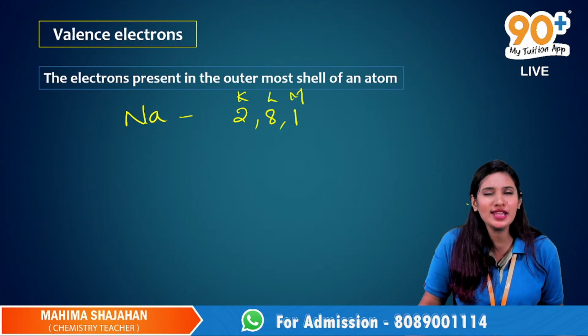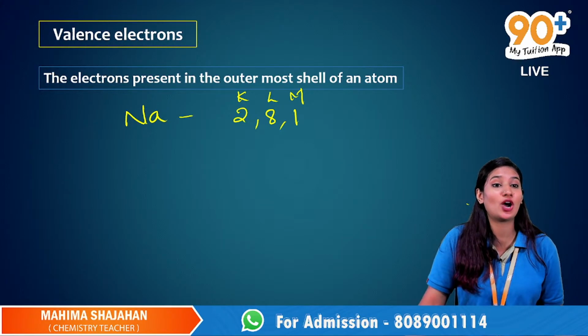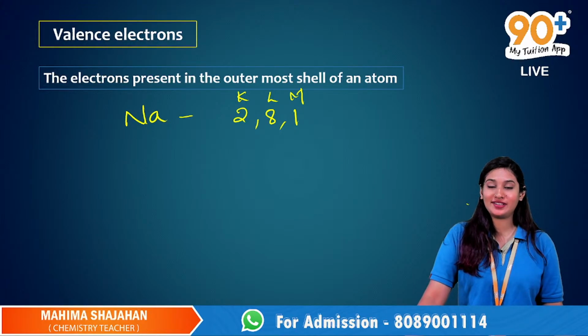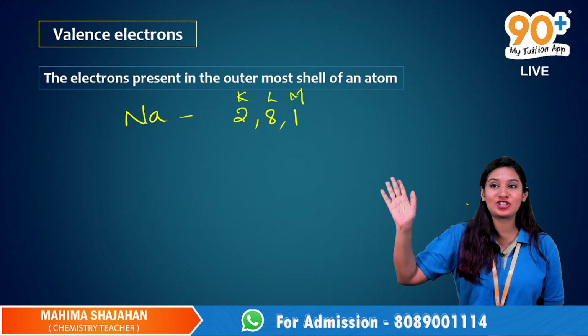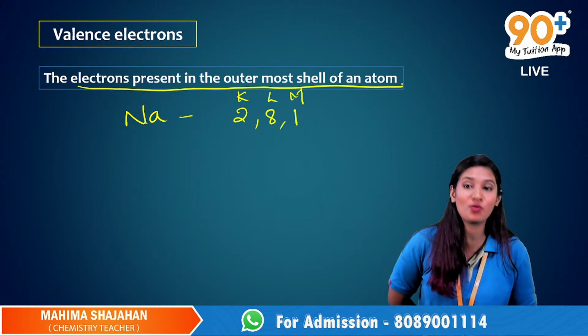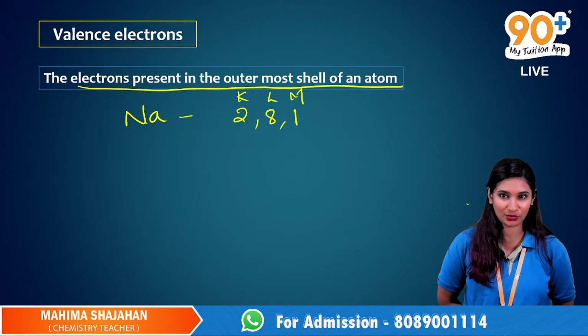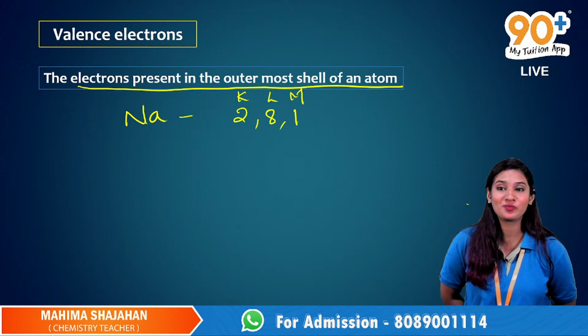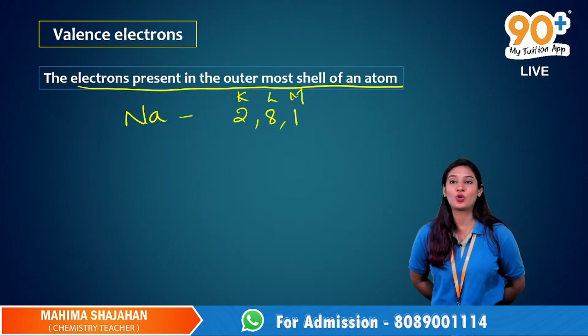Now, how many electrons are present in the outermost shell? It is 1. Okay, so what is a valence electron? It is the electrons present in the outermost shell of an atom. Okay, so what is the valence electron of sodium?